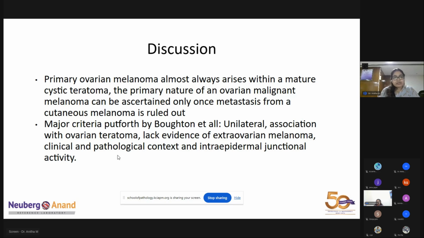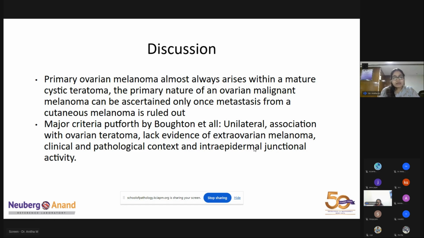But the other major criteria proposed by Boughton, like it is a unilateral mass associated with ovarian teratoma and there is a lack of extra-ovarian melanoma. We couldn't follow up with this patient to look for any primary other than the lesion.